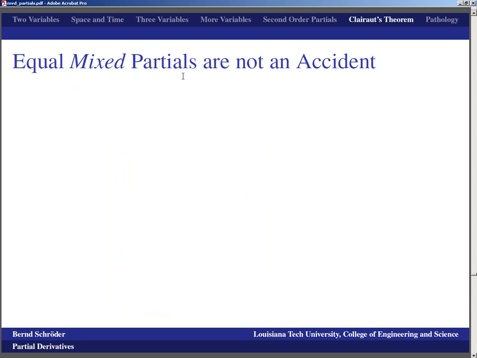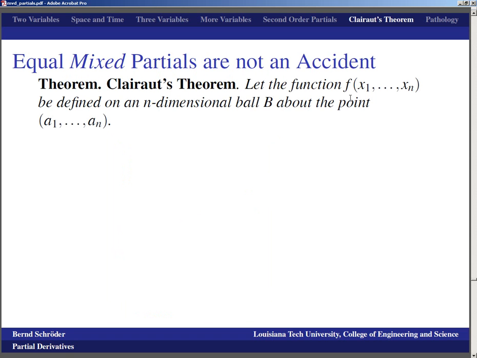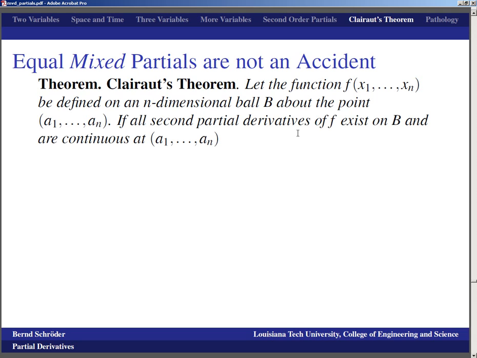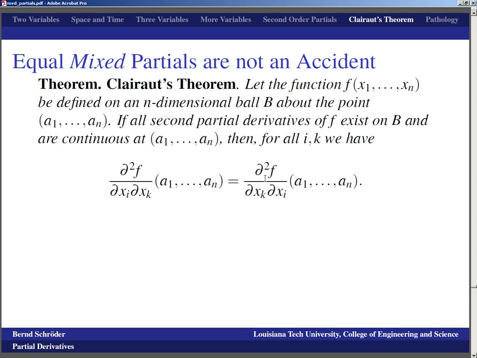Clairaut's theorem says that equal mixed partial derivatives are not an accident. I already mentioned that, and so the theorem says that if you've got a function f of n variables that is defined on an n-dimensional ball B around the point a1 through an, and if all second partial derivatives of that function exist on that ball and are continuous at that point, so we need some technical hypotheses here, but if that is the case, then for all indices i and k, the second partial derivative of f with respect to xi and xk is the same as the second partial derivative of f with respect to xk and xi.